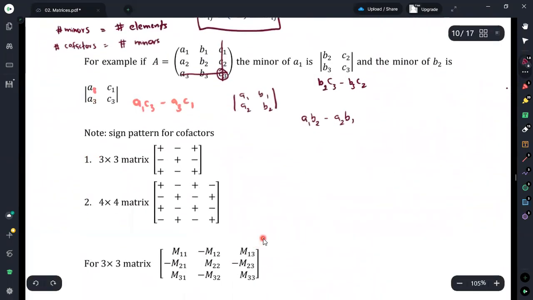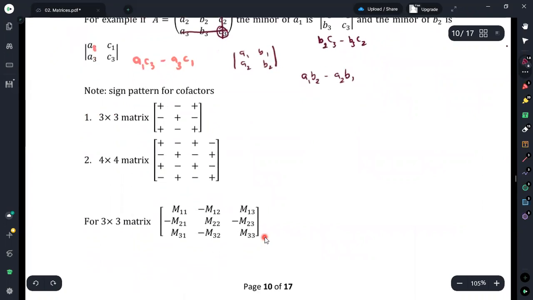When we are going to obtain the cofactors using minors, there is a concept called the sign pattern. We can directly use the sign pattern and combine it with the minors to obtain the cofactors. If you have a 3 by 3 matrix, the sign pattern would be like this. It starts from the plus sign, then the minus sign, then plus.